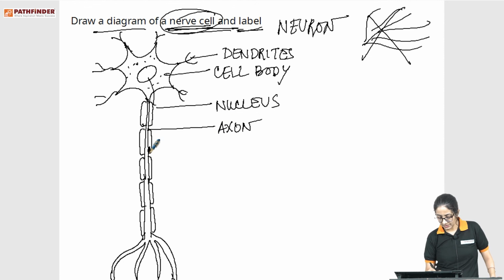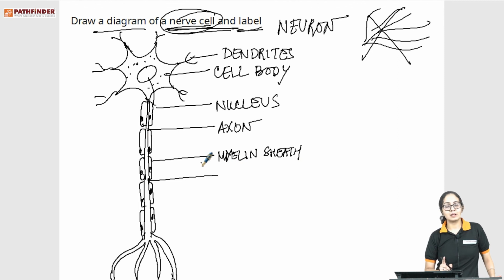Now the Schwann cells are present along here. And then this is the myelin sheath. Then the space or the gap where the myelin sheath is discontinuous. Wait, I'll just change the color.